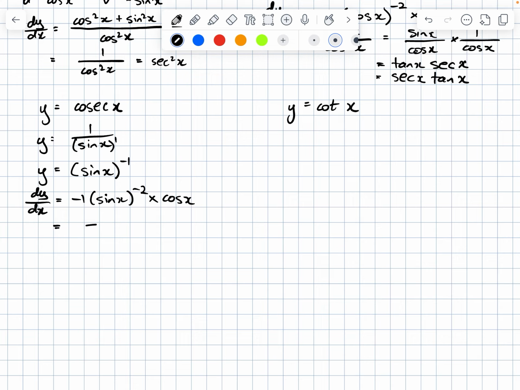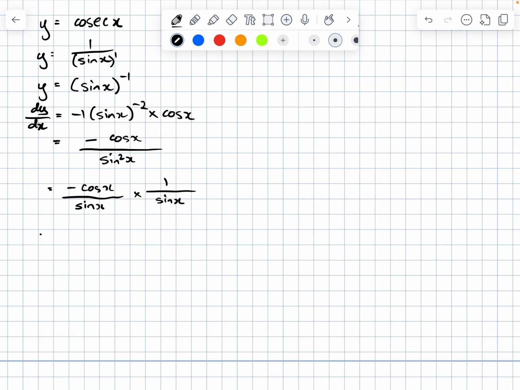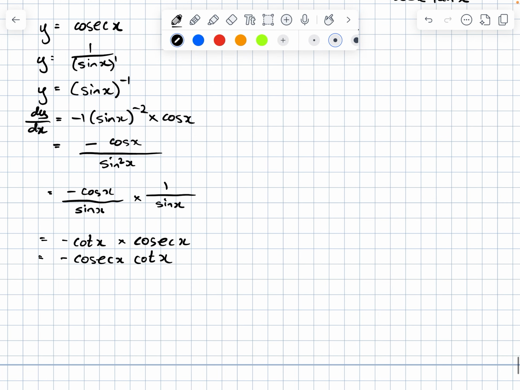That leaves us with negative cos x over sine squared x, which can be written as negative cos x over sine x times 1 over sine x. Negative cos over sine is negative cot x, and 1 over sine is cosec x, which if we rearrange that, we get negative cosec x times cot x, which is the rule.